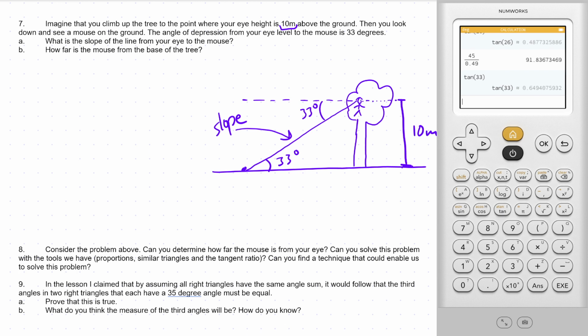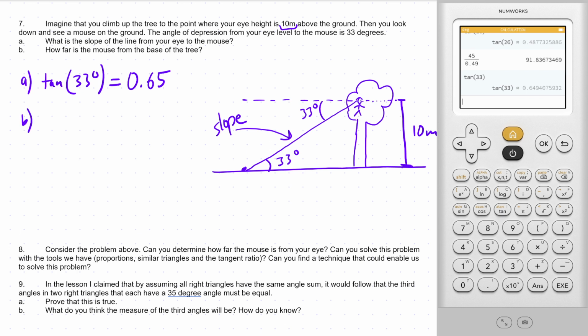In any case, for part A, we know that the slope is the tangent of 33 degrees, which is equal to, I know it's actually approximately equal to, but rounding to the nearest hundredths place, 0.65. Okay, so that is the slope.